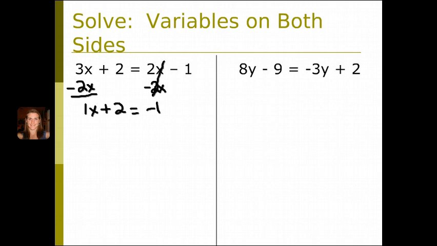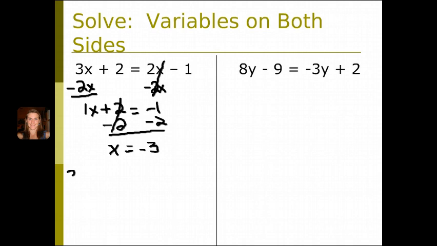From here, to solve for x, I subtract 2 from both sides. My 2's cancel on the left, leaving me with x equals negative 3. I have to test my work, and I'm going to plug it into the original equation.